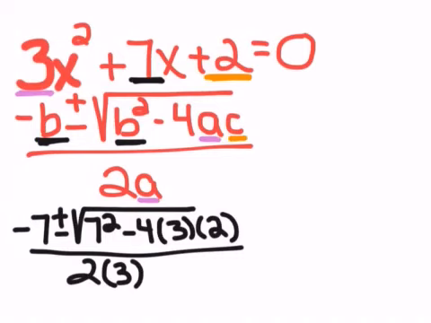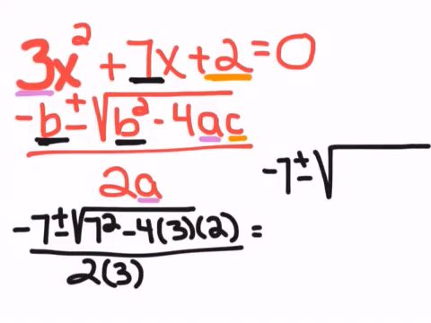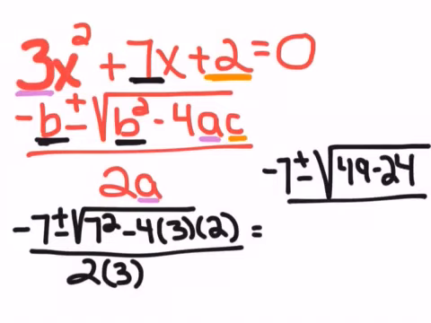We're going to start underneath and start simplifying. So on the outside I have negative 7 plus or minus the square root, and 4 times 3 times 2, so 4 times 3 is 12, 12 times 2 is 24, and 7 squared is 49, all divided by 6.